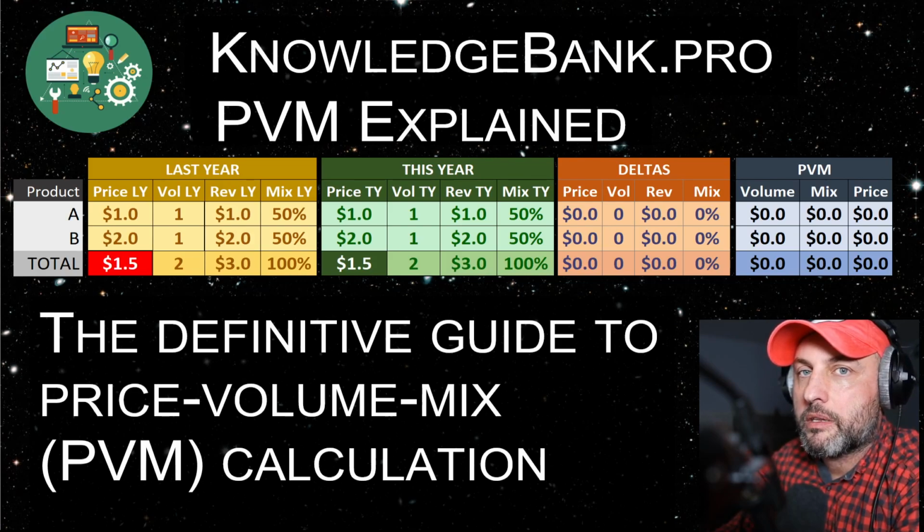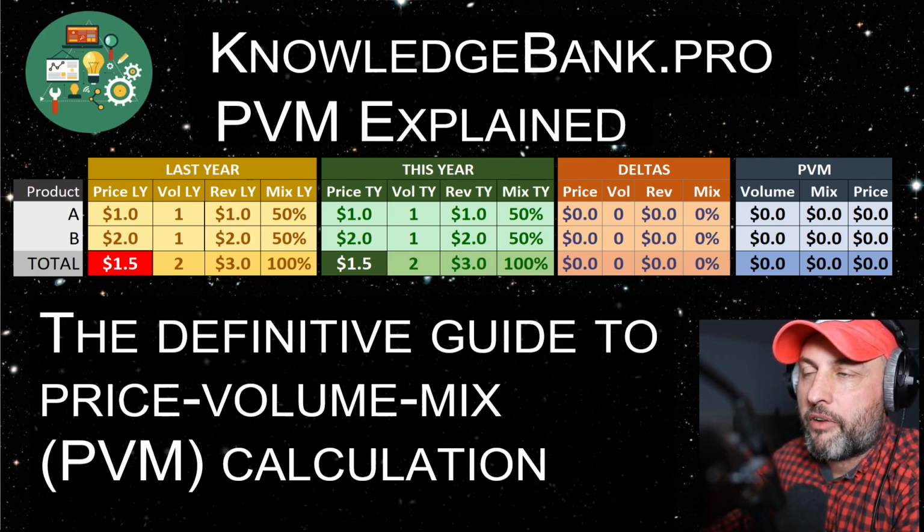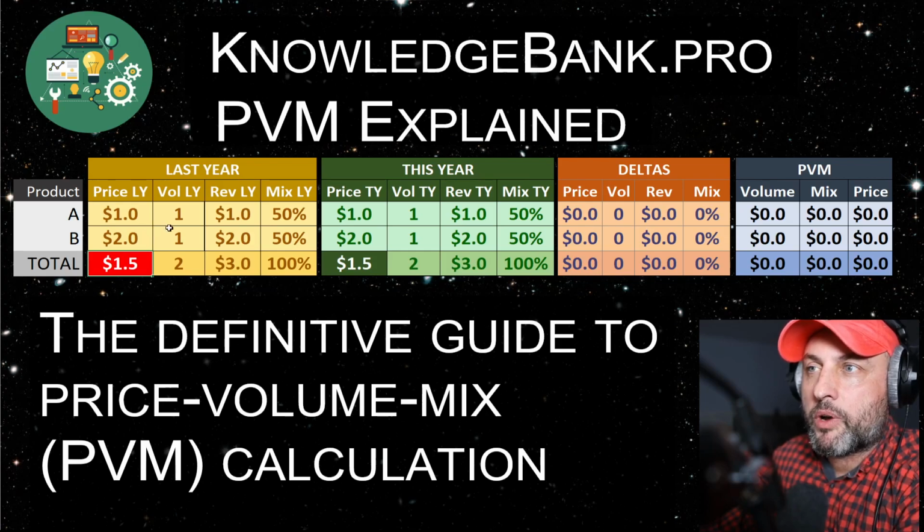Now let's take a look at this one product at a time. If I know that on average I make $1.5 per every unit in terms of revenue, then I can look at both of my products and say, hey, on average, when I sell a unit, I make 1.5.